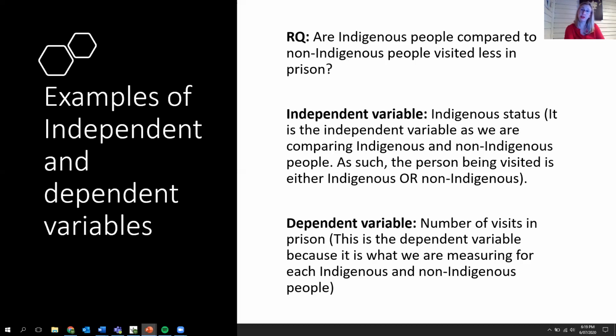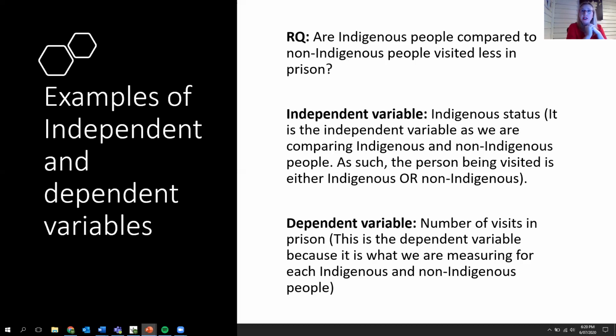And according to my research question, I'm asking, is that dependent variable, the number of visits within a prison, dependent upon Indigenous status? So in my equation here, Indigenous status would be our independent variable, and the dependent variable would be number of visits in prison. Okay?